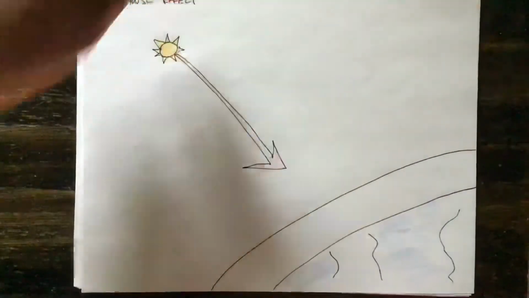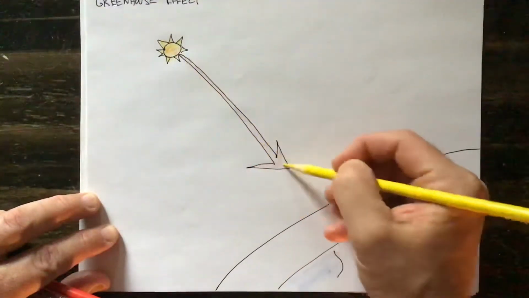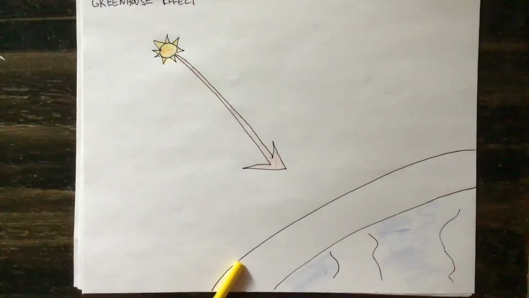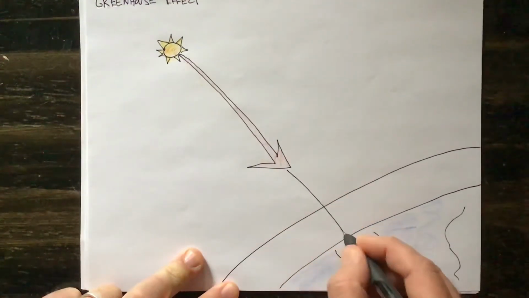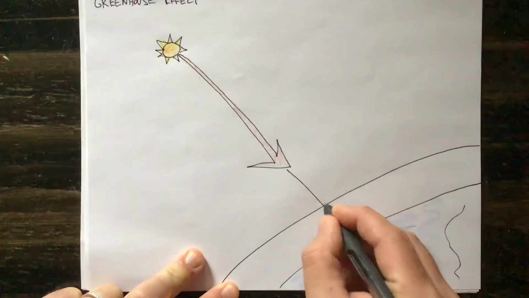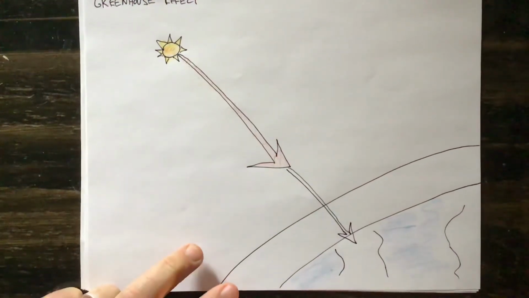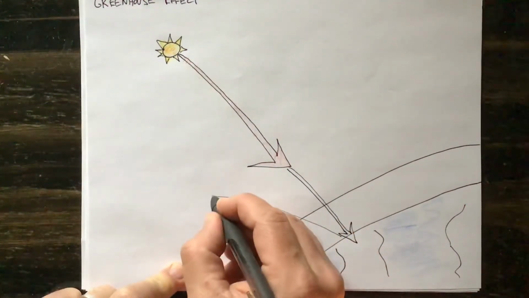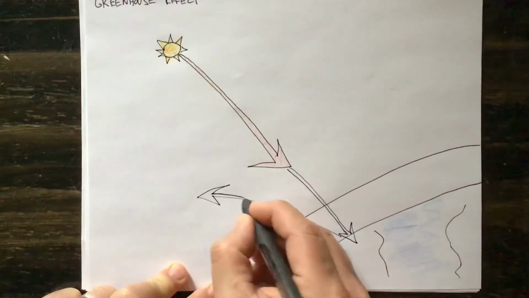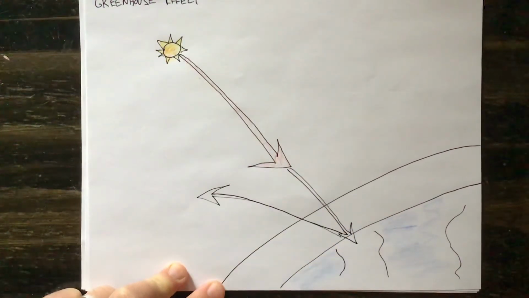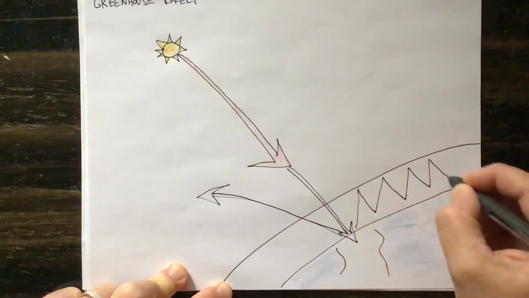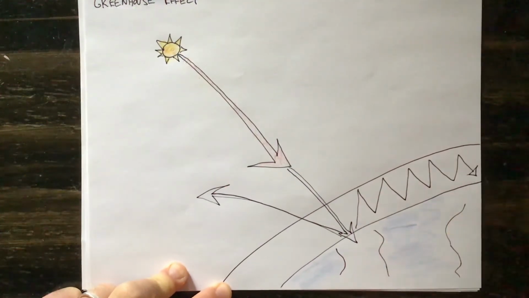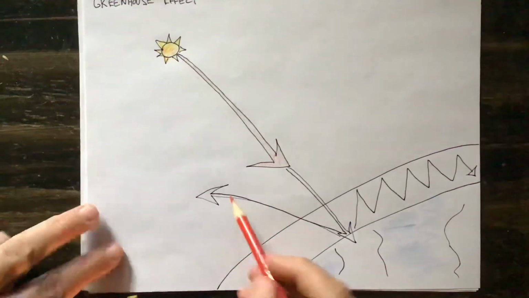And of that energy, you have some that is absorbed by the planet, some that is reflected back to space, and then some that is trapped in the atmosphere.